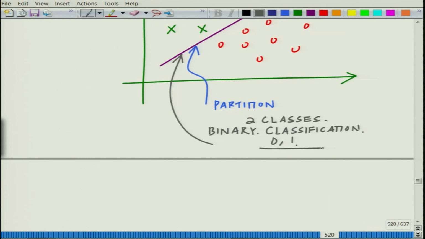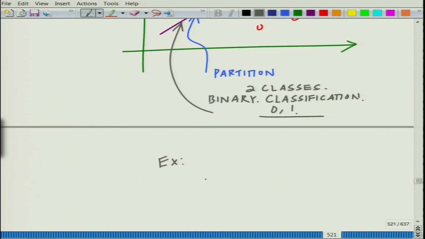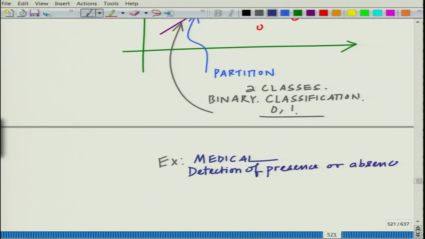For instance, where does this binary classification arise? Let us say you have a medical detection problem. For instance, let us take a look at a medical example. In the medical profession, you have, for instance, the detection of presence or absence of a particular ailment.